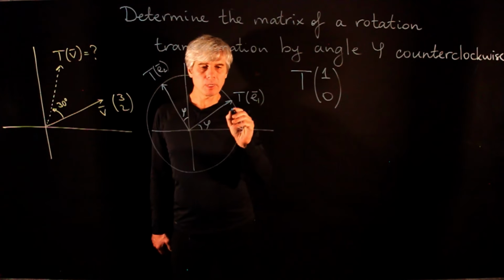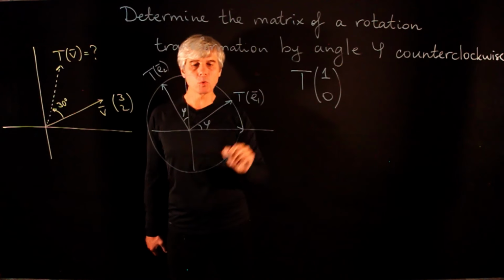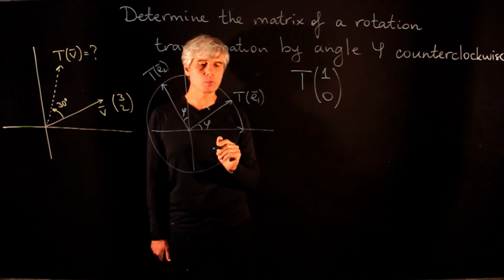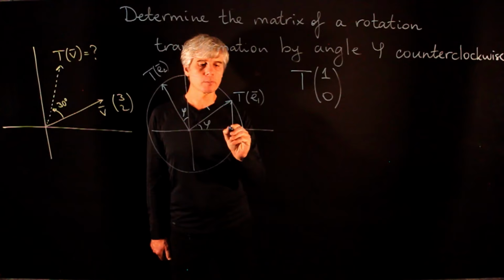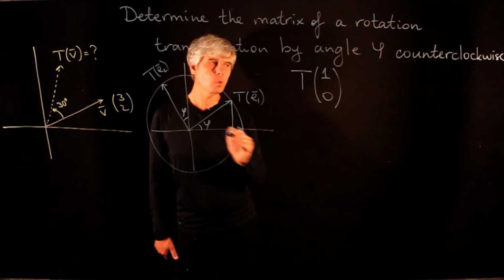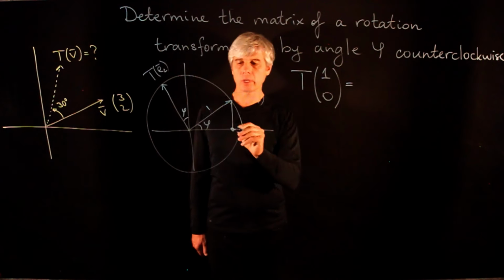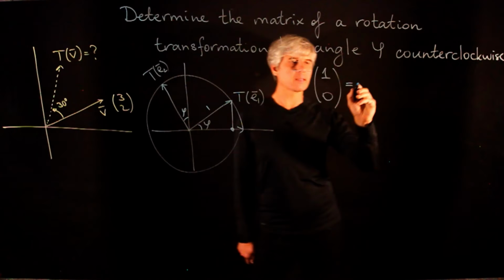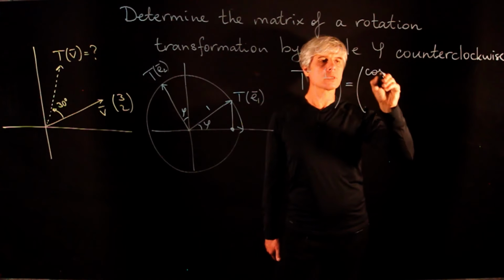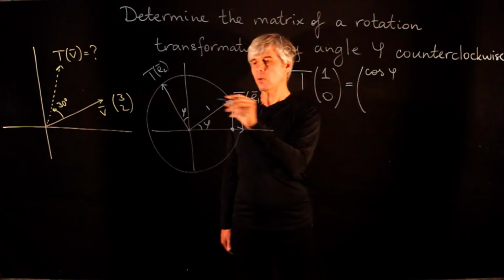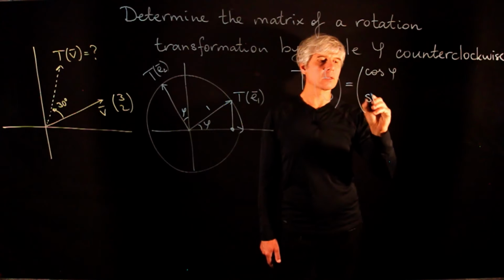And then from trigonometry, well, this is a unit circle, so this hypotenuse is equal to 1. So from trigonometry, the x-coordinate here is going to be the cosine of the angle. So we have cos phi. And the y-coordinate is going to be sine of this angle.